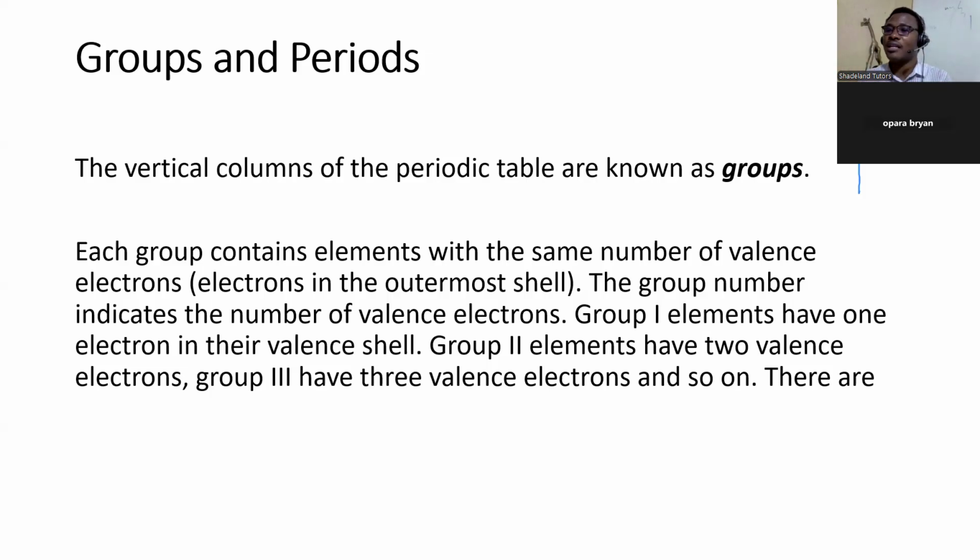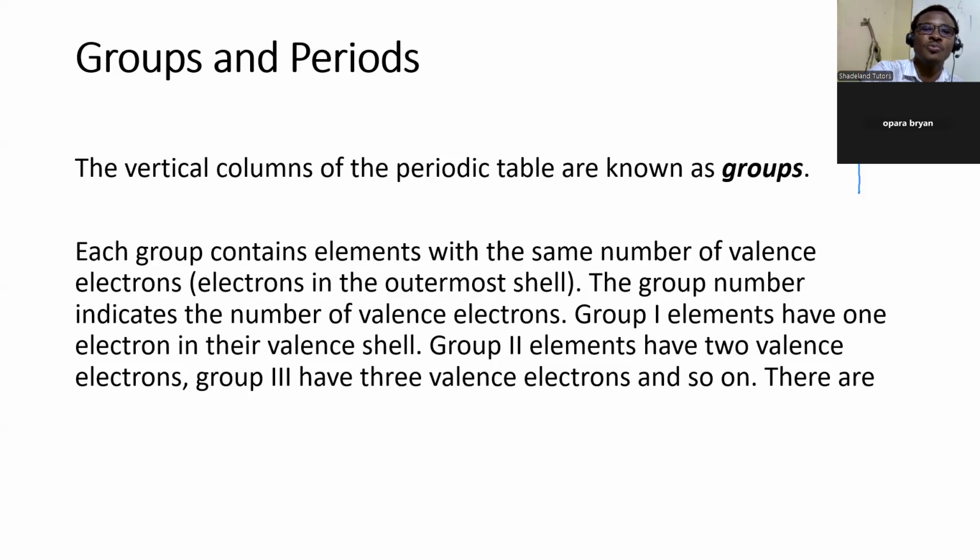It is still neutral. So if it has only 1 electron in its valence shell, then it is in group 1. If it has 2 electrons in its valence shell, it is in group 2. If it has 7 electrons in its valence shell, it is in group 7. And so on and so forth.